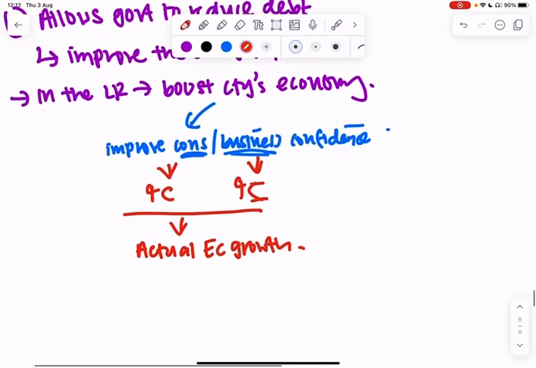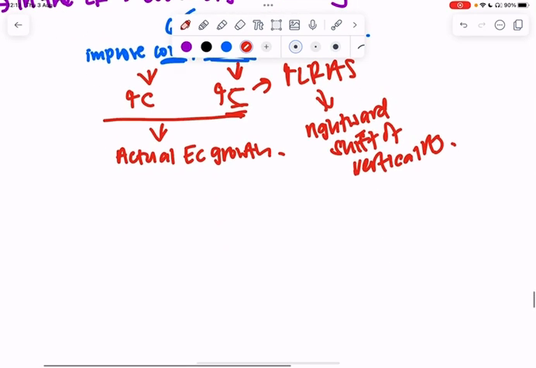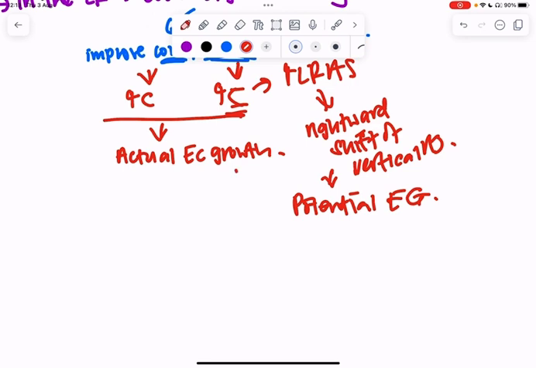And when it comes to investment, another thing you can talk about is if they invest in capital goods, this could also lead to an increase in your long run AS, reflected by a rightward shift of your vertical AS, which would mean potential economic growth. And together, these two will lead to sustained EG.